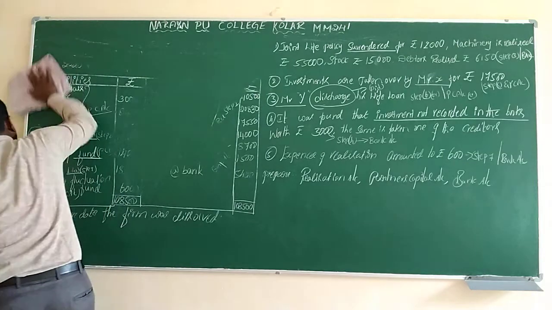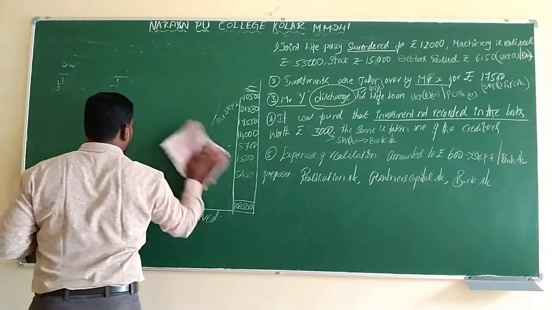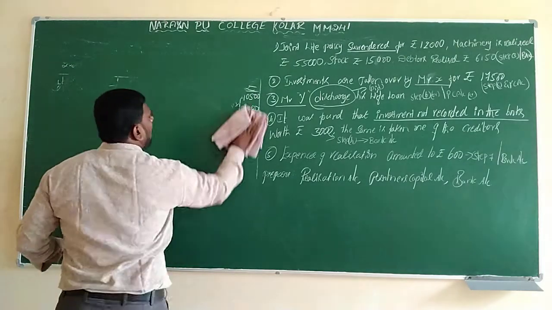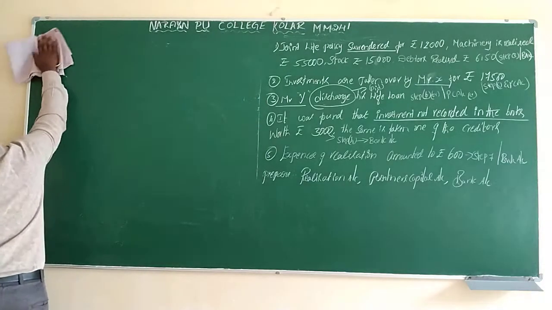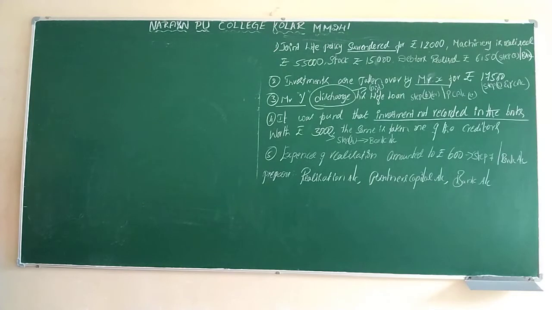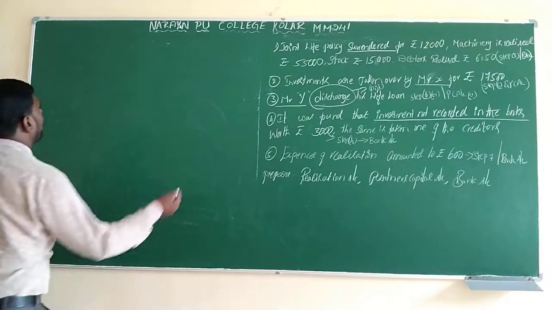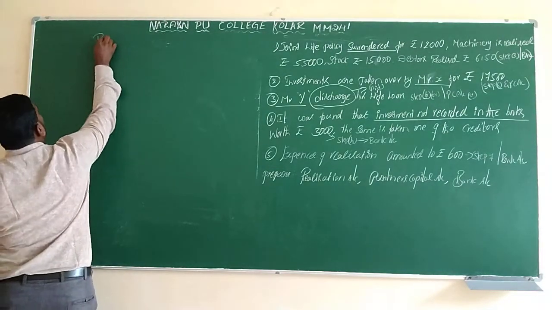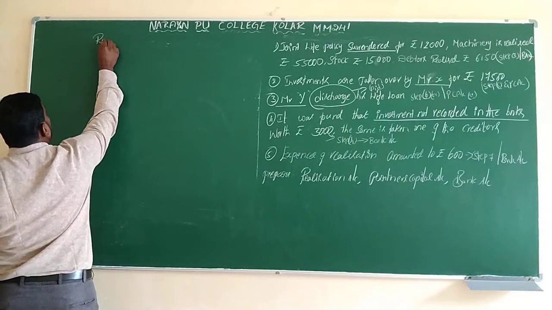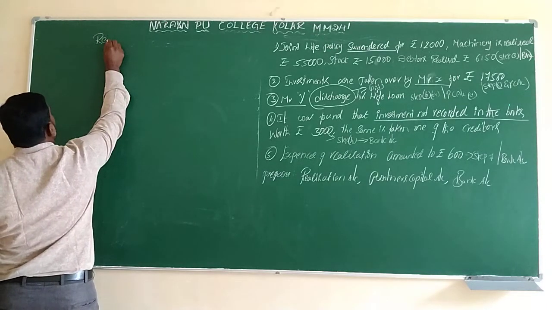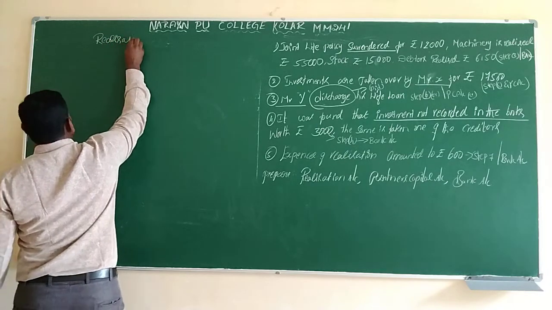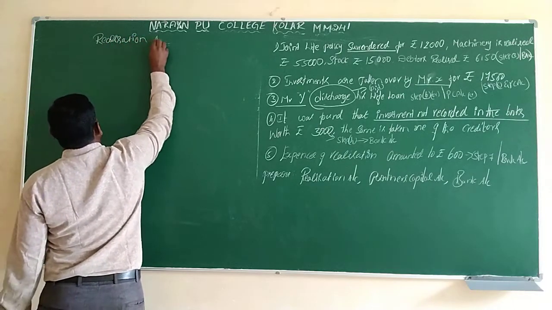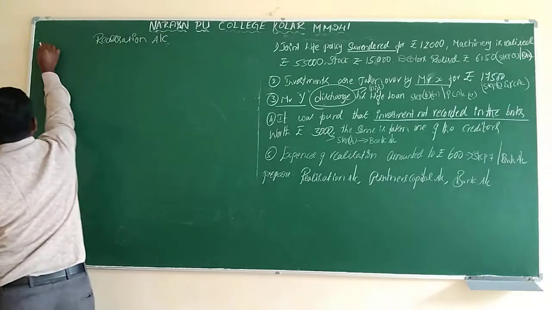Now, we have to draw the columns for realization account only. So here in realization account, what are the columns we have? We already discussed this in the previous videos. First we should write the name of the account, realization account.